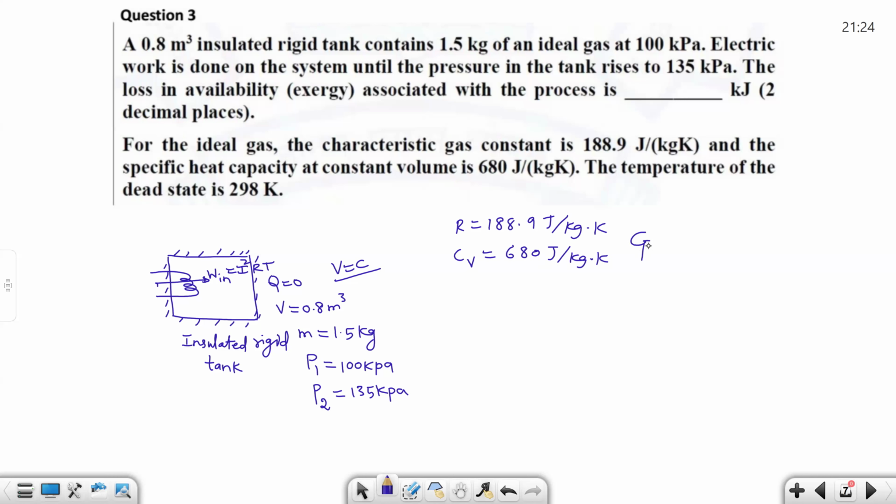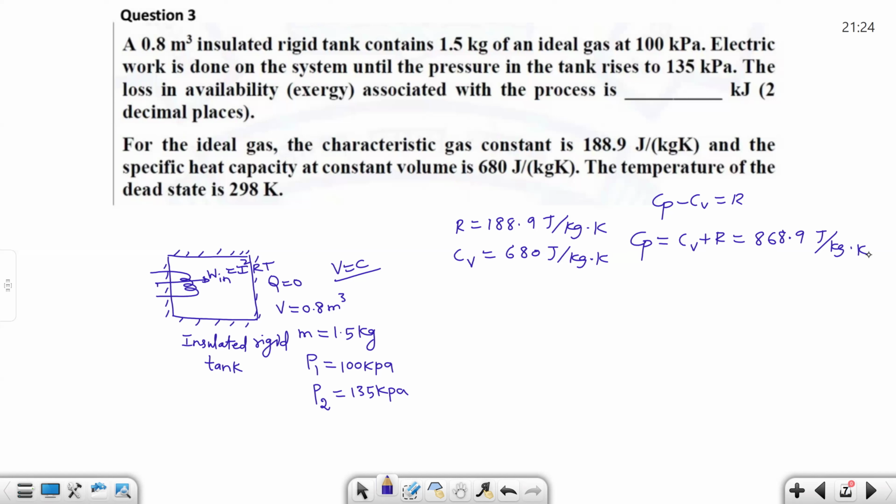That means CP will be, CP minus CV is R, so CP is CV plus R, 680 plus 188.9, which is 868.9 for CP.